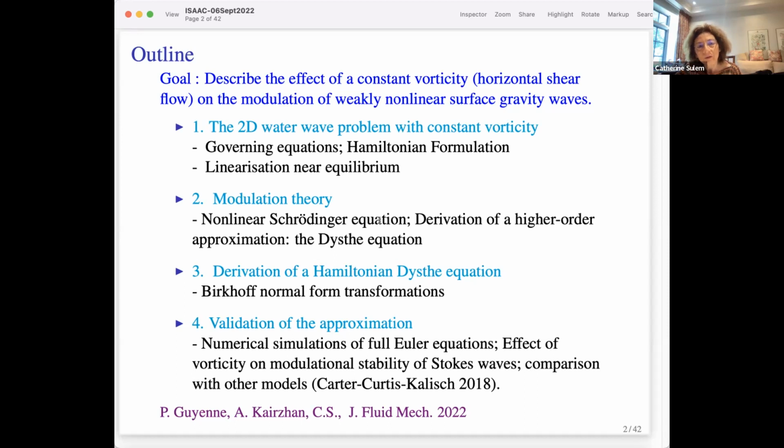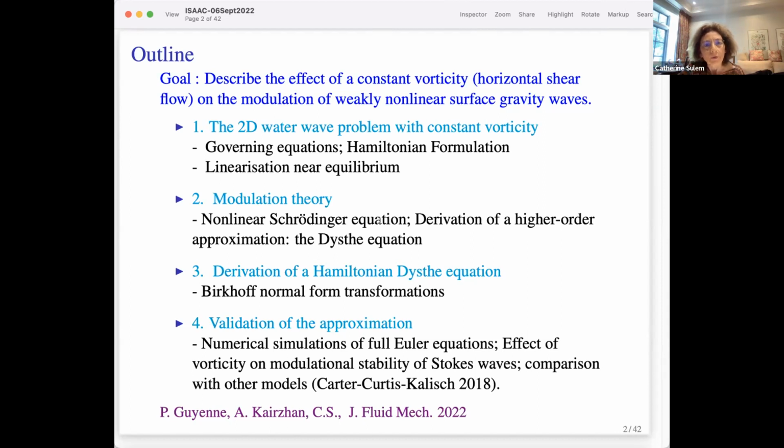This problem of water waves with constant vorticity has a Hamiltonian formulation, due to Eric Wahlén and also Adrian Constantin in 2007, 2008. So I will discuss this context.